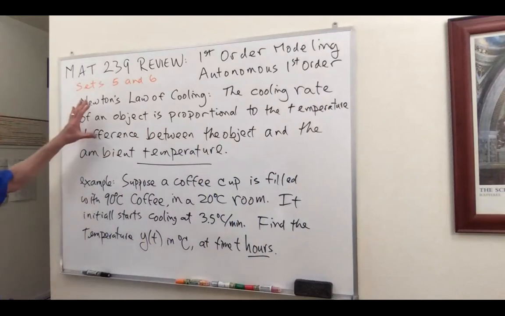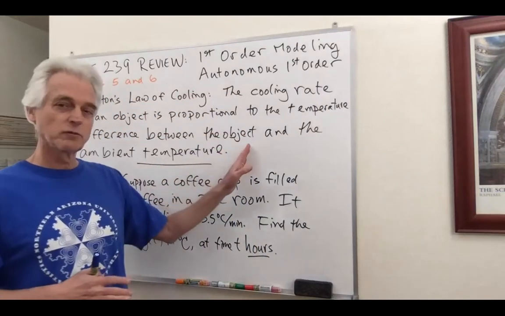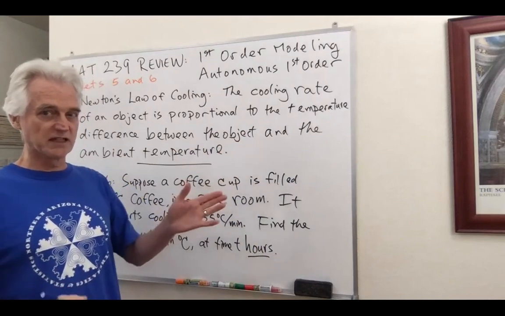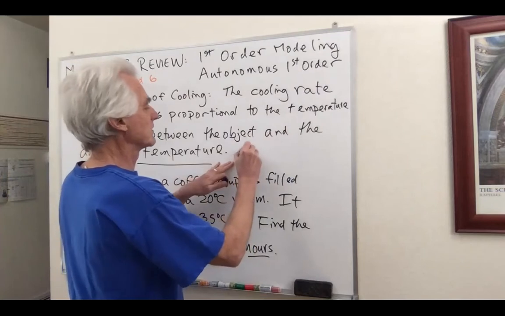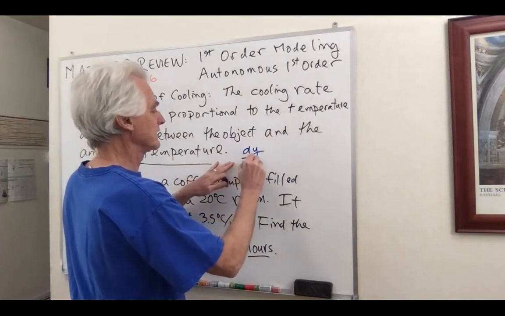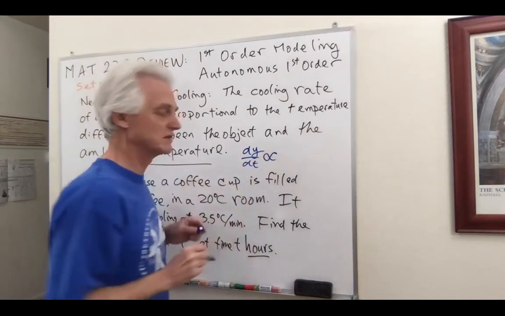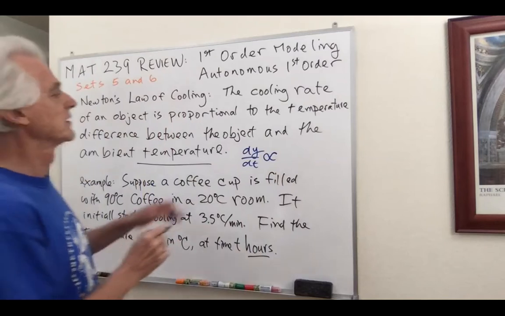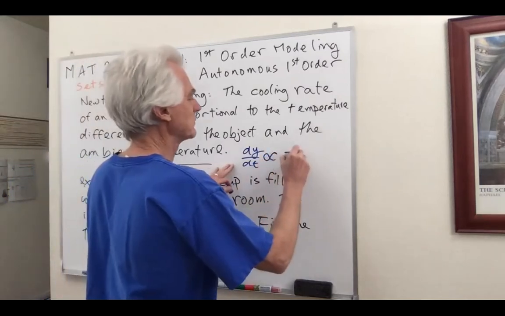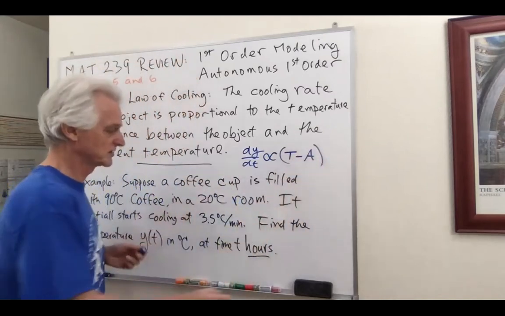I'm going to have to erase this soon, but let's start by rewriting what it says. It just says that the cooling rate, dy/dt, is proportional, and that symbol looks a little bit like an alpha, to the temperature minus, it's often called A, the ambient, not t, it's y.